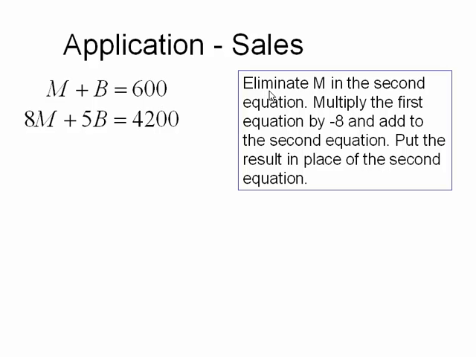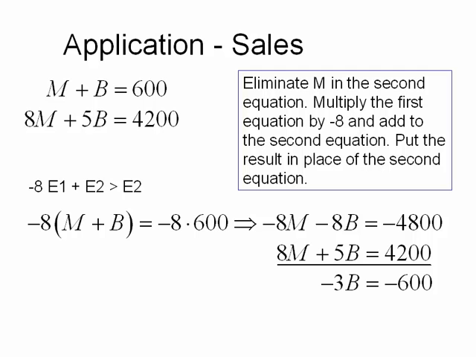Now we need to use that equation to eliminate M in the second equation. So what we're going to do is multiply the first equation by -8 and add it to the second equation and put that in place of the second equation. So -8 times E1 plus E2, and we'll put that in place of E2.